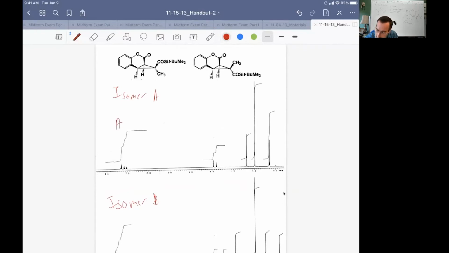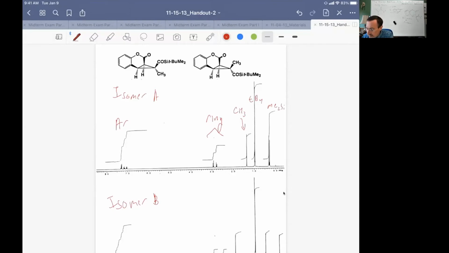Here are all our aromatic protons. Here we have our ring protons, or cyclopropane protons. Here we have our methyl group, the one that's on the cyclopropane ring. Here we have our tert-butyl group, and here we have our Me2Si.